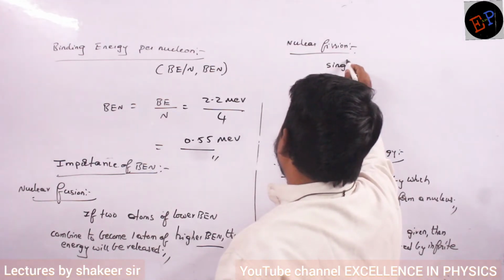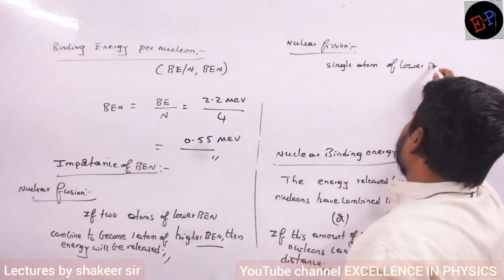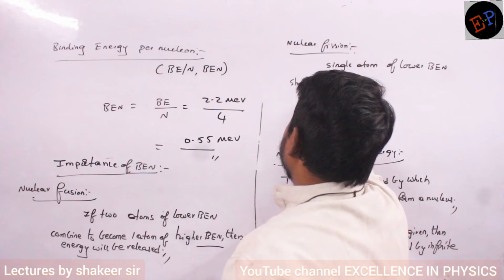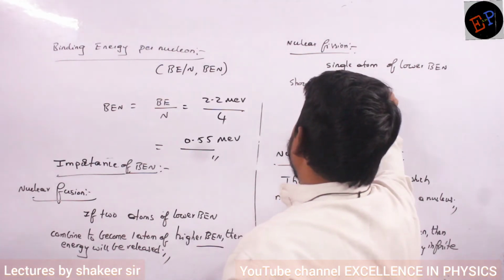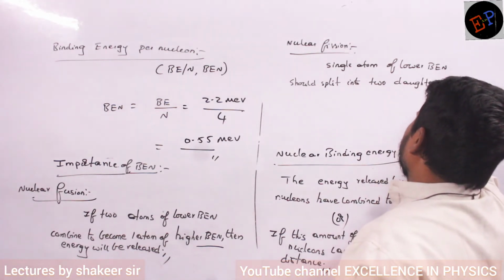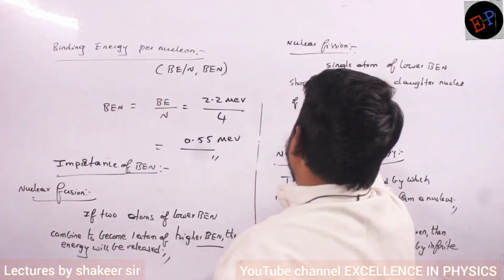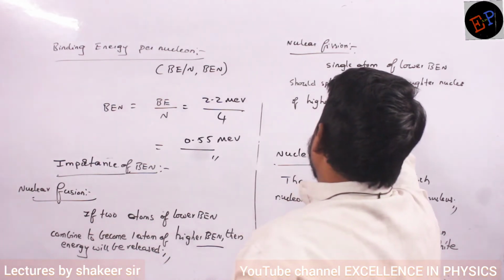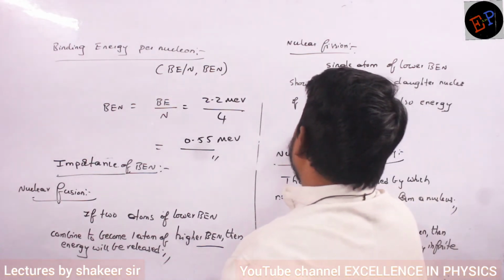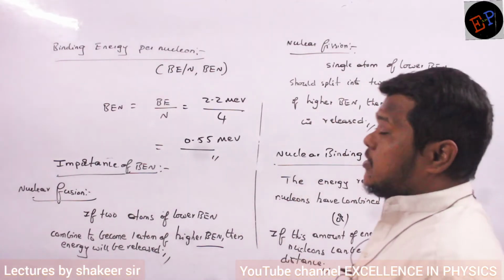A single atom of lower BEN, binding energy per nucleon, should split into two daughter nuclei of higher BEN, then also energy is released. Are you able to understand? So this process is called nuclear fission.